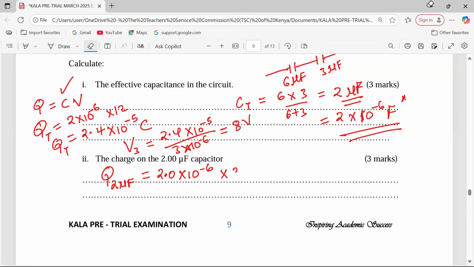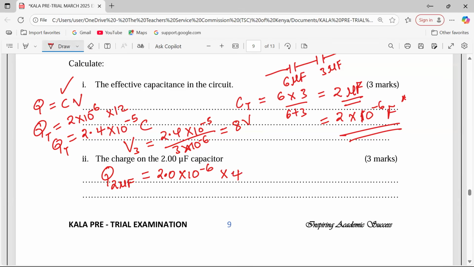Now we have confirmed that it is 4. So now this can be computed as 8.0 times 10 to the power negative 6 coulombs, because it is charge, coulombs.